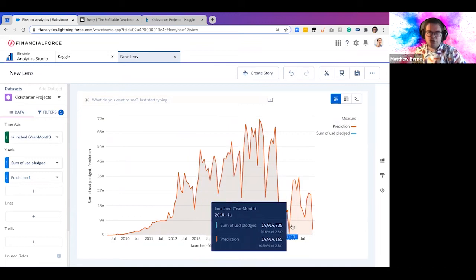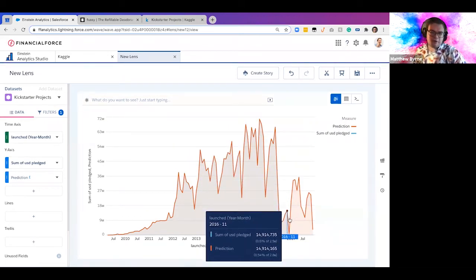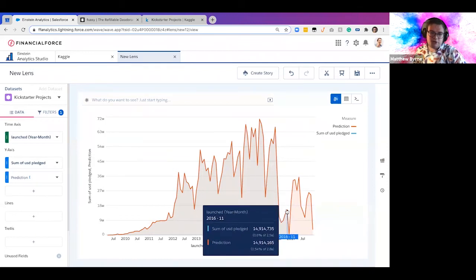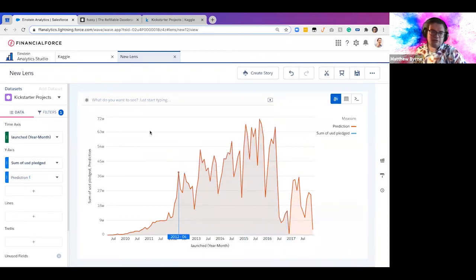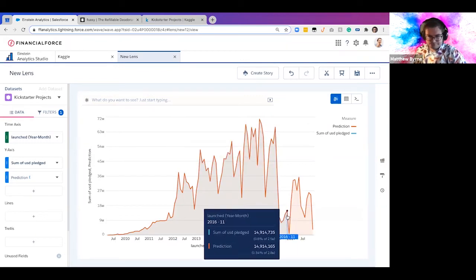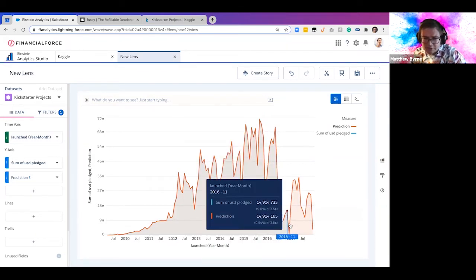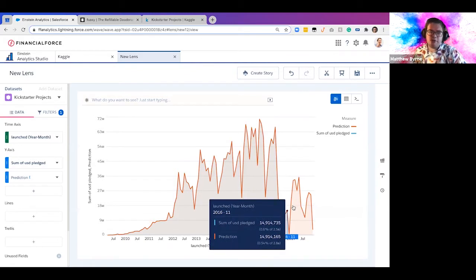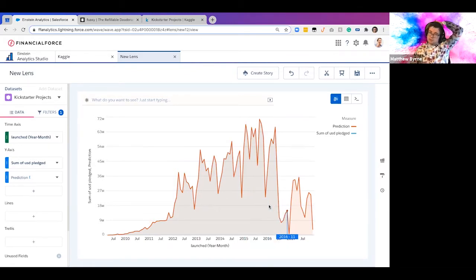Now there's a big drop at the end here, and there are different functions we can use to take that into account. We could choose a particular range of time to look at instead of going all the way to the end. I think at the end it's a December, so it's dropping off a little bit there. But we can take that information and generate a prediction.